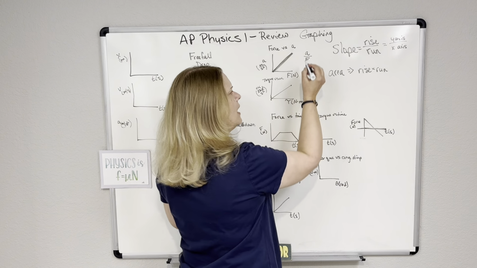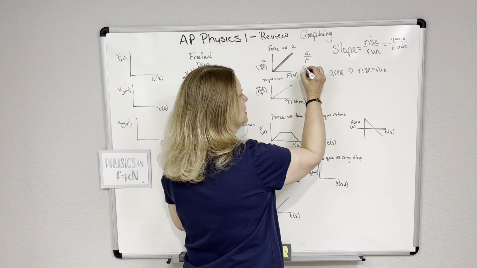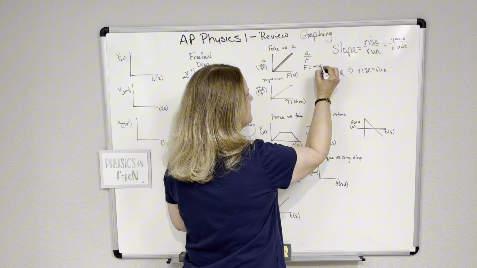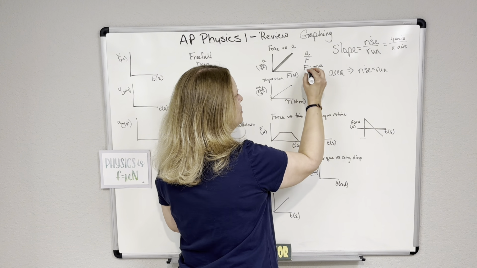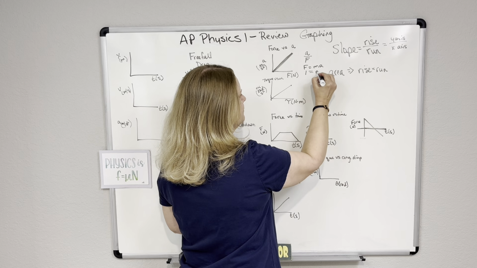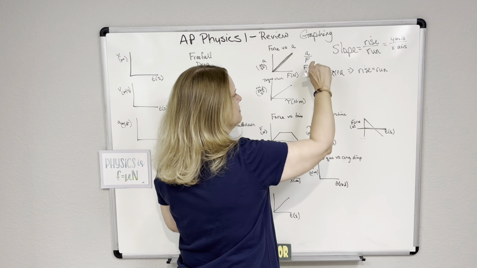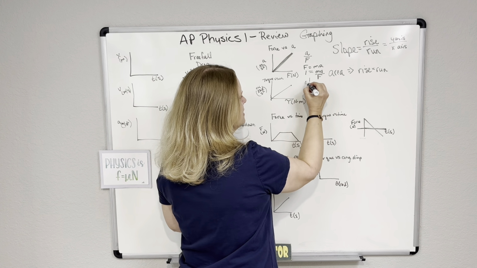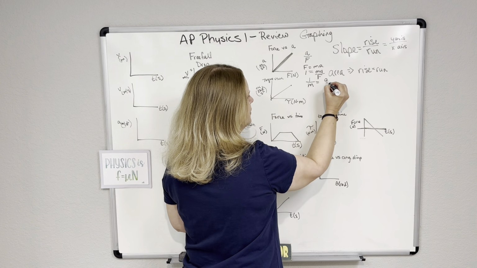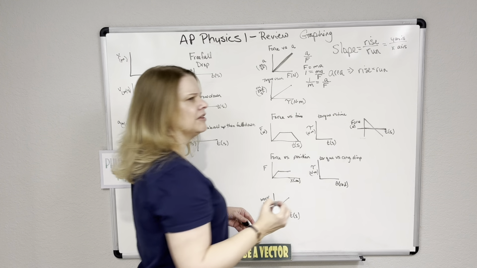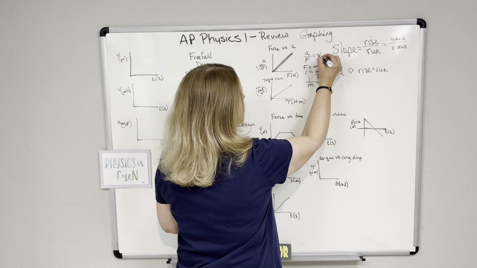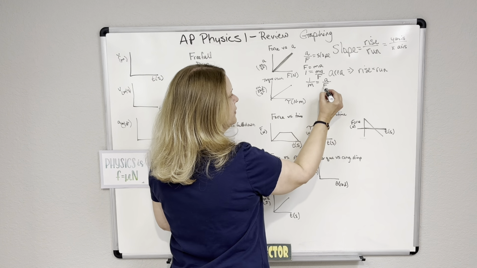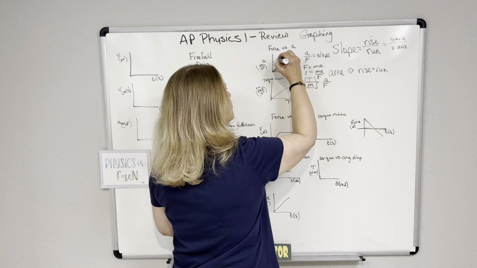Well, F equals ma. If I want to solve for this slope, I'm going to divide both sides by force, and then divide both sides by mass, and I get 1 over mass equals the acceleration divided by the force. That's my slope. My slope is acceleration divided by force, and acceleration divided by force is 1 over mass.